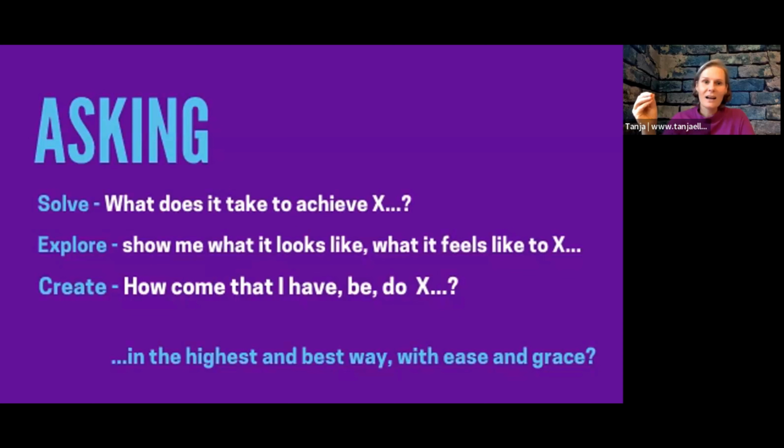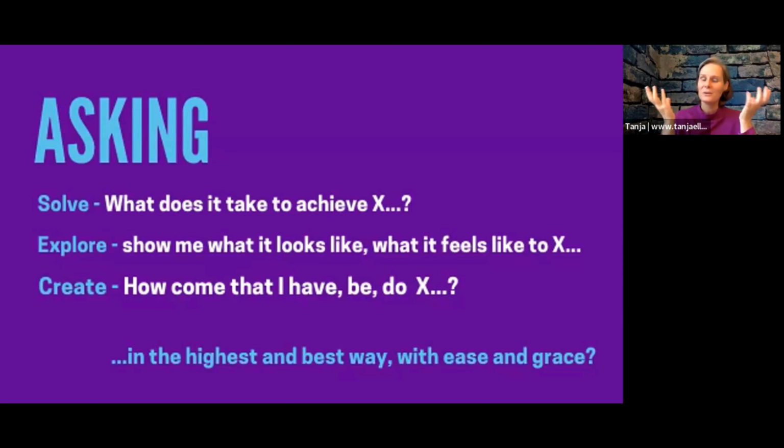Then next, we have something for when you want to create something, and that is very interesting because it is a very powerful way of asking a generative question. It's asking from a state of understanding that it's already existing. So, for example, if I want to change my appearance, I ask: how come that I look so youthful today?